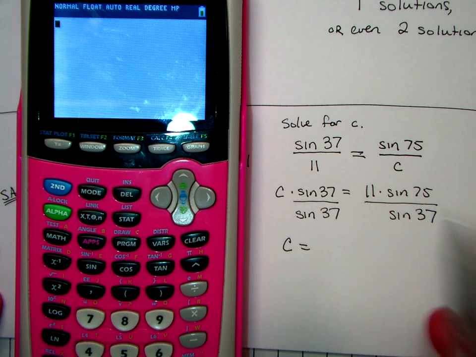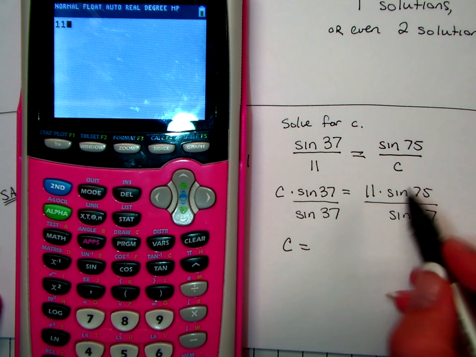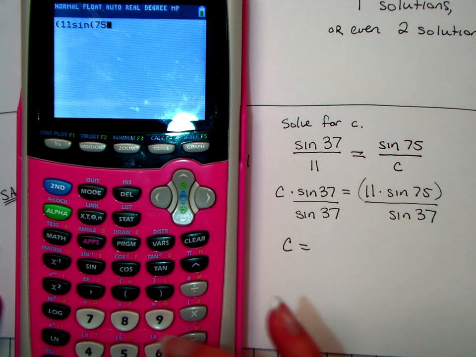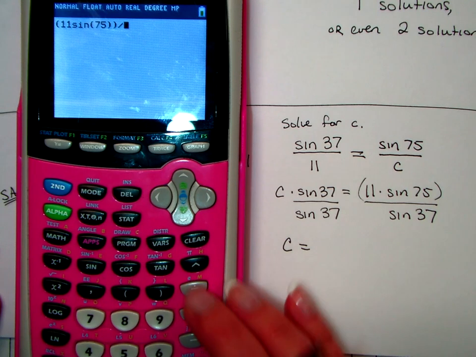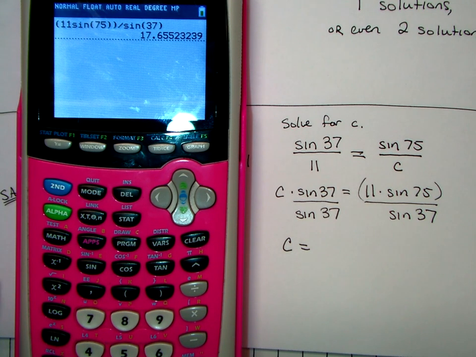So let's do 11. Oops, this 11 times sine 75 really needs to be put in parentheses. So let me try that again: 11 sine 75 divided by sine 37. Make sure you can plug these in and you're getting the same answer as myself.